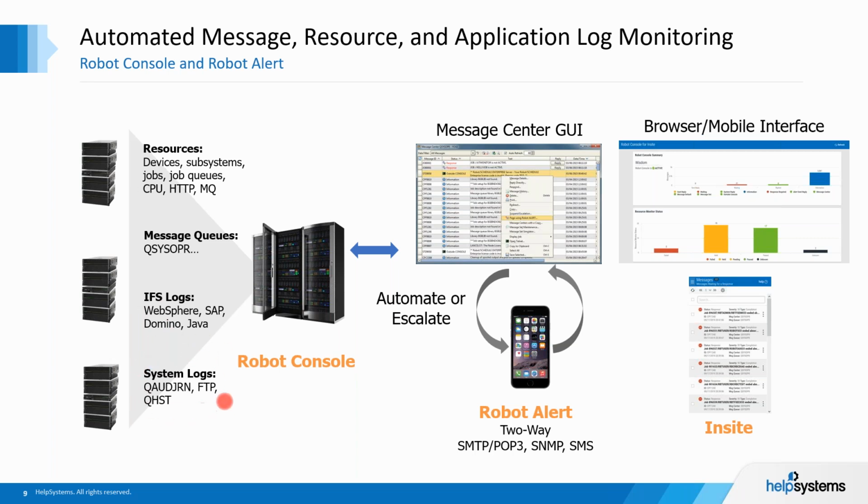And Robot Console also has the ability to monitor various system logs like the System Security Audit Journal, QAUDJRN, FTP transactions, where we'll put our FTP exit program on the FTP exit point, and we can also collect data from QHST, such as your save related QHST entries.